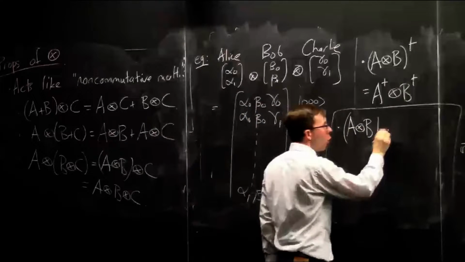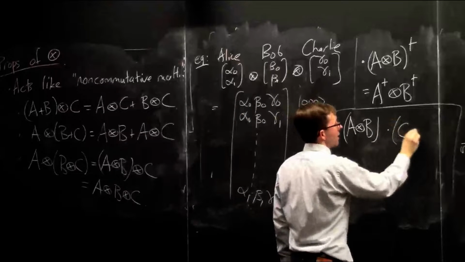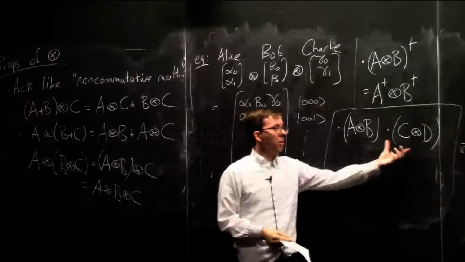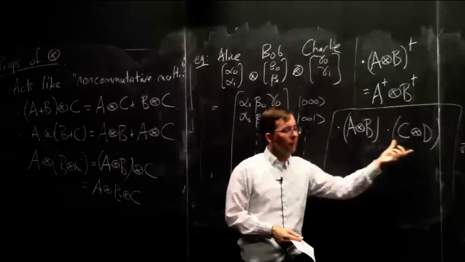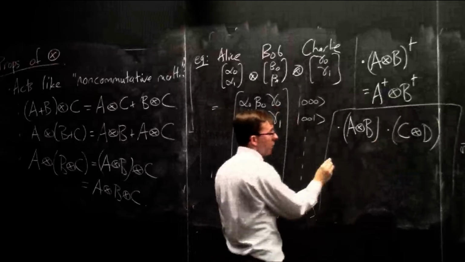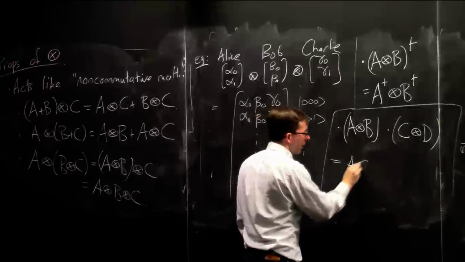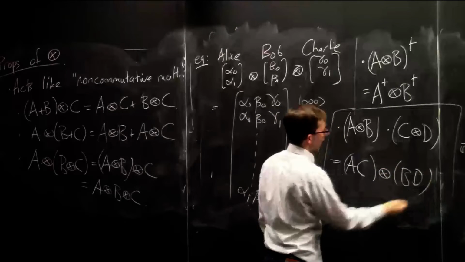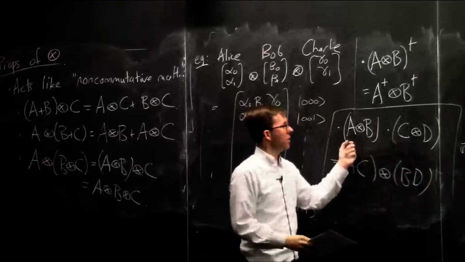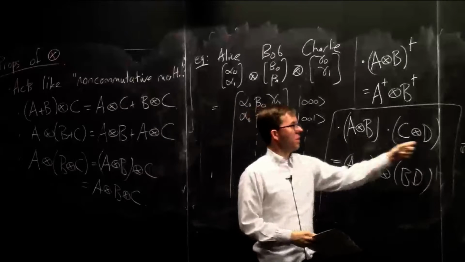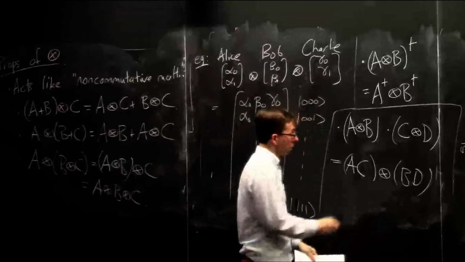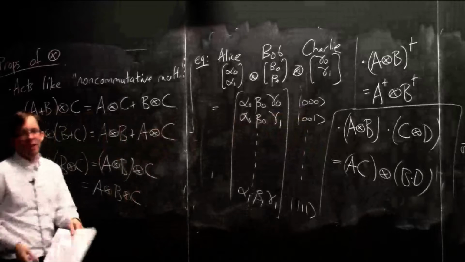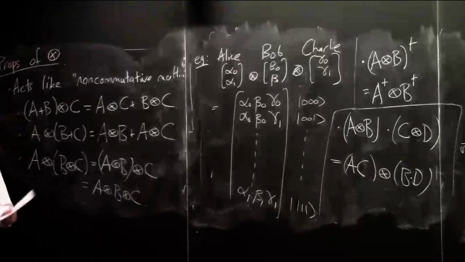And then you do a normal matrix multiply with C tensor D. Assuming the dimensions are properly set up so that you can do this matrix multiply, the answer is AC tensor BD. So again, the matrices in the first position stay in the first position, and those in the second position stay in the second position. So this is some linear algebra computation woo-woo that you can just get used to.